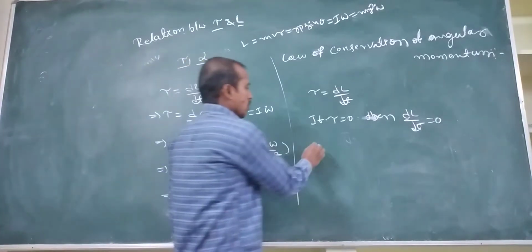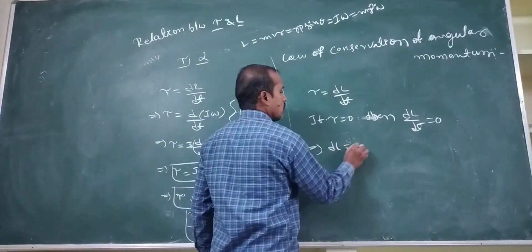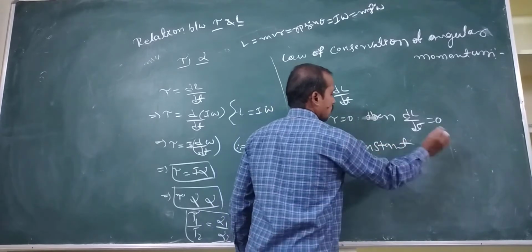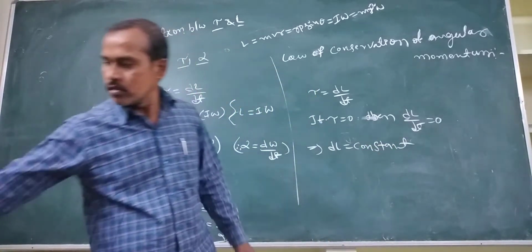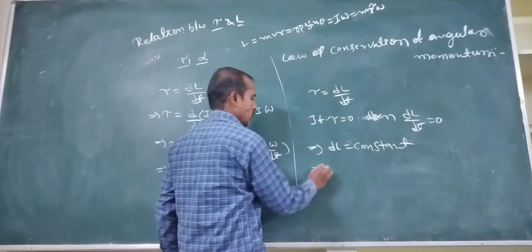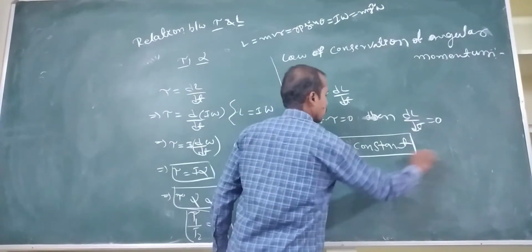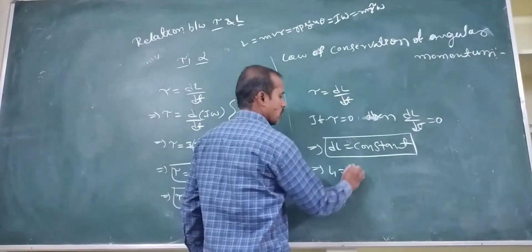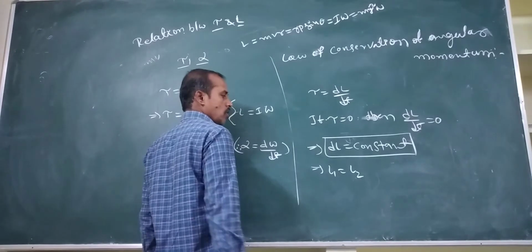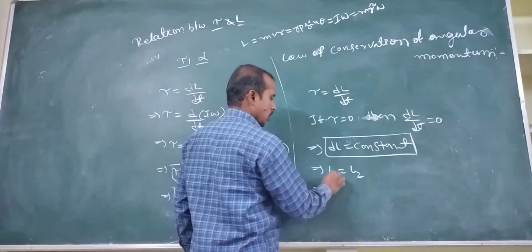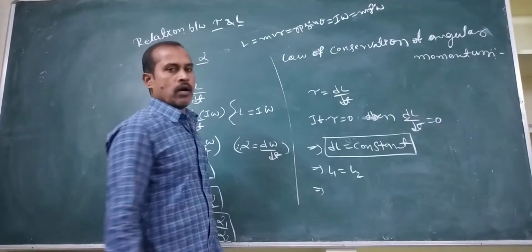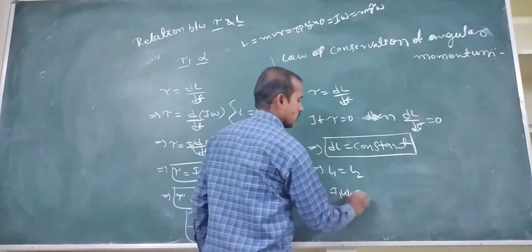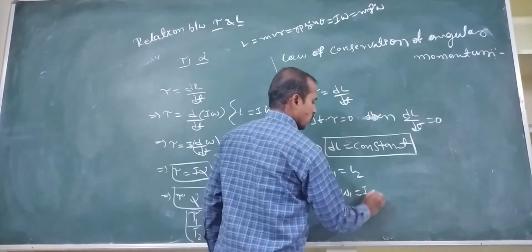So simplifying, L is equal to constant. So this is the law of conservation of angular momentum. Now L1 is equal to L2, and L is equal to I omega, so I1 omega 1 is equal to I2 omega 2.